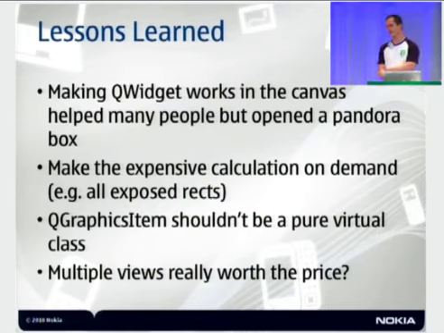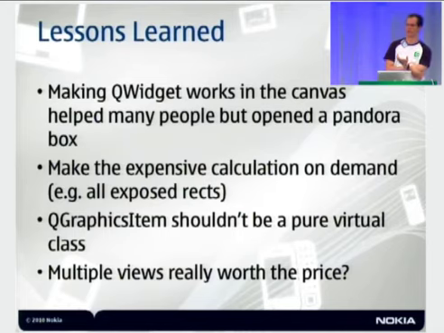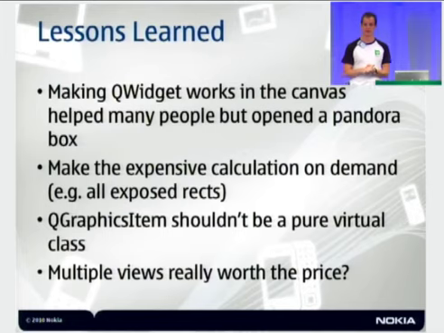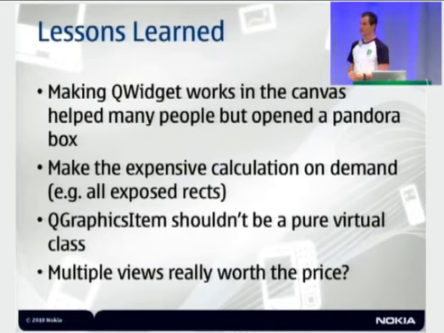Graphics item is a pure virtual class, right? You need to implement at least bounding rect and paint. I think it was a bad idea to make it pure virtual. We got a lot of problems, mostly because of C++. When we catch the deletion of an item, it's when it enters the graphics item destructor. If you have a subclass of graphics item, it's your destructor that will be called, but the framework doesn't know yet that the item is about to die, at least when it's not a QObject.